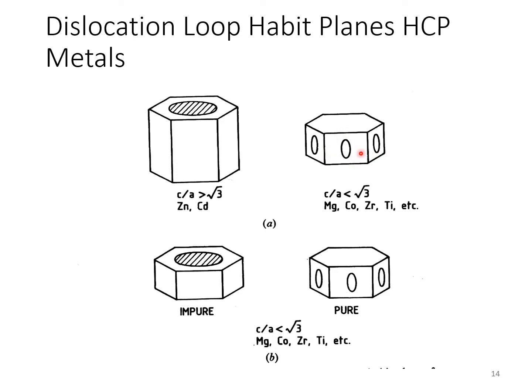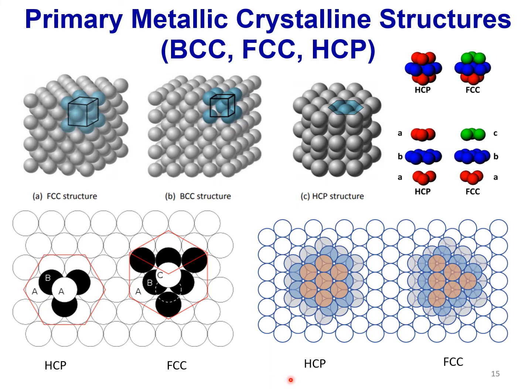So you get most activity on these, what's called a prism 1 plane. But when you have a very impure zirconium or magnesium or titanium, you might find some additional structures on the basal plane. That's the peculiarity of the effective impurity in that case. We don't need to get into that.